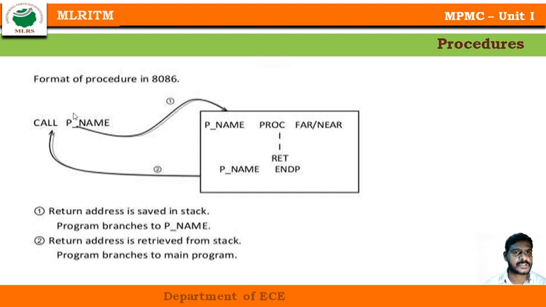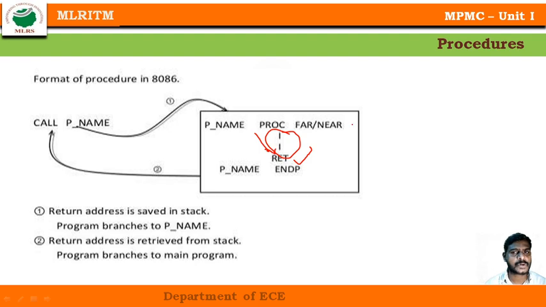This is the main program. I'm calling a procedure by some name, so it goes to the procedure PROC, which is the initialization of that procedure. It executes the program here, and at the end it will find RET, which means the procedure has finished.